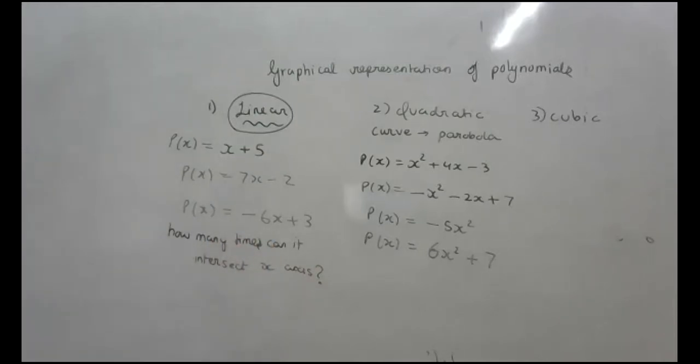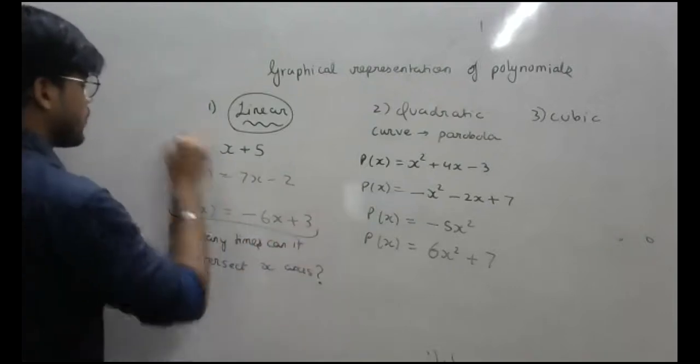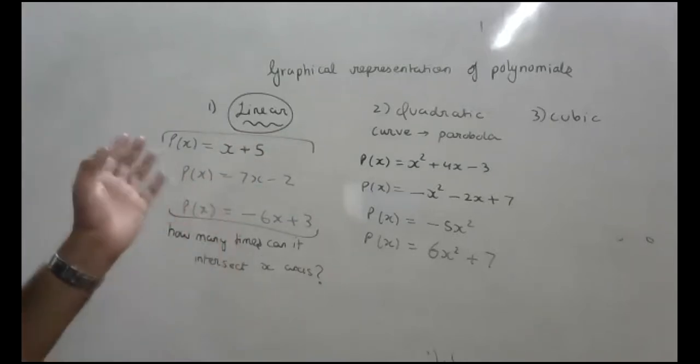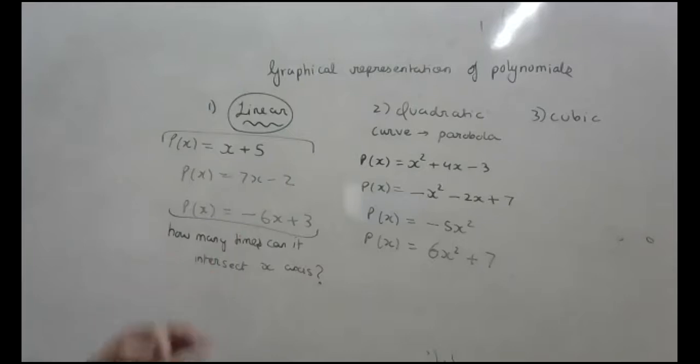This question is very important. Yes, a linear one: 1 or 2? 1 or 0, or 1. Whenever you plot a linear equation, it can cut the x-axis either one time or 0 times.